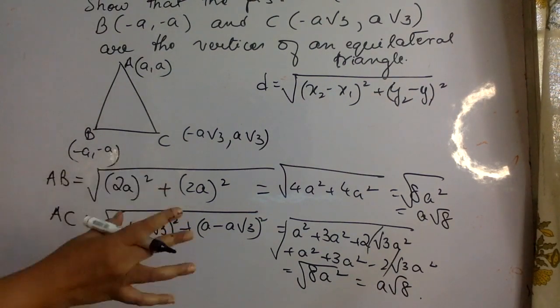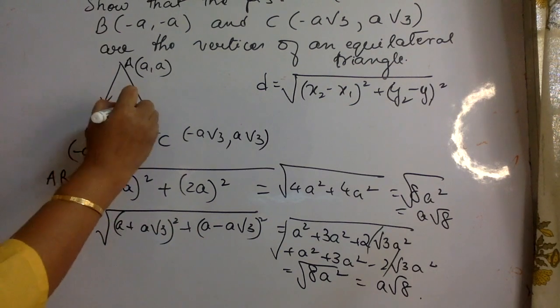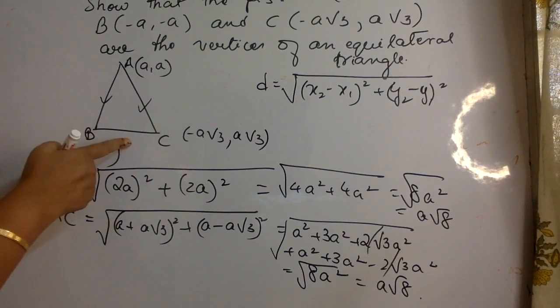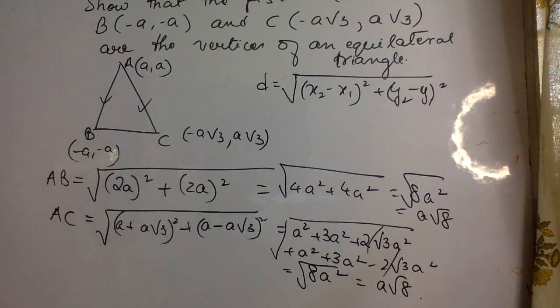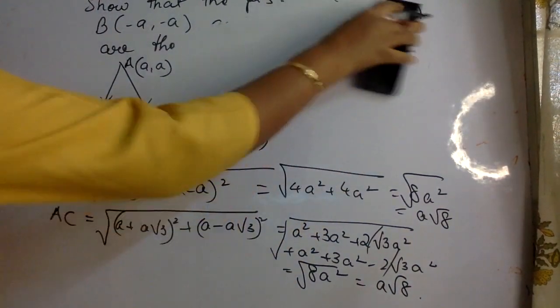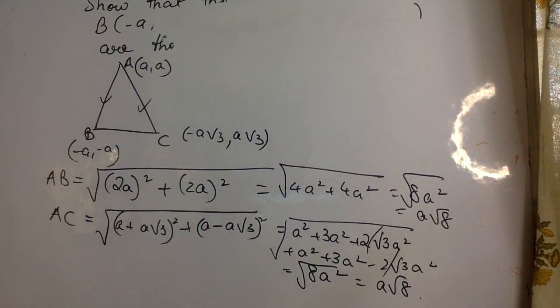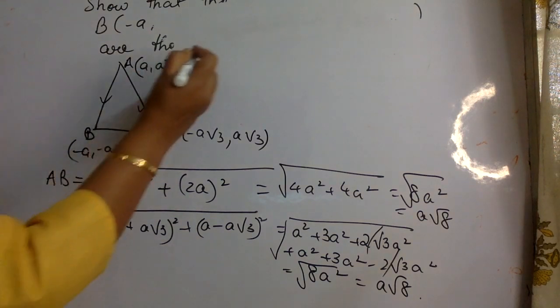So for 2 of the sides, I have already got these two equal. Let me try with the third one. If that is also equal, the triangle becomes an equilateral triangle. So for the third one, let's take CB.